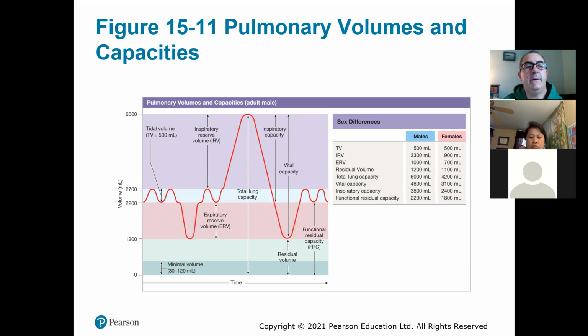How much is going in and how much is going out every single breath. That's your tidal volume. Your vital capacity would be what they're showing here, over here on the right, all the way to the tippity top of this red line, all the way down to the bottom of this red line. It's how much air you can suck in one breath and then exhale in that same breath. Right? It's the biggest amount of air that you can get into and out of your lungs in one breath.